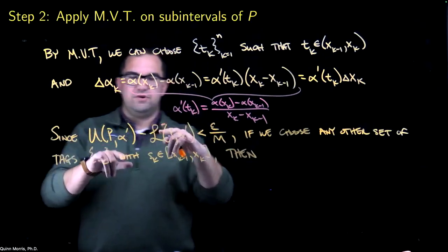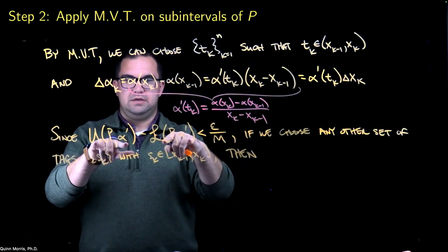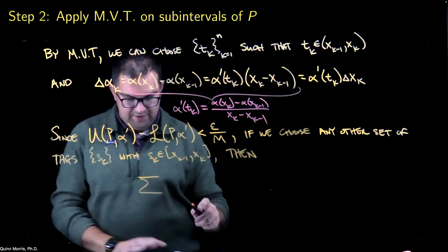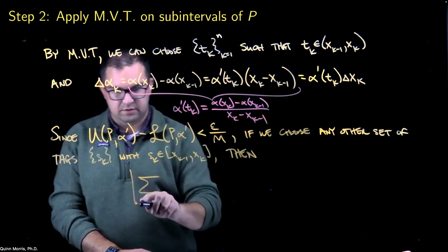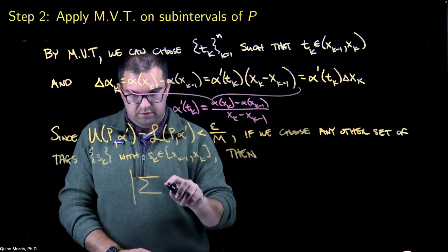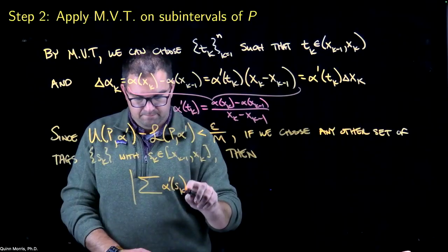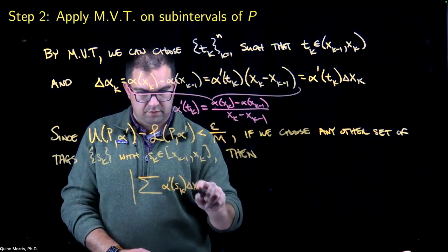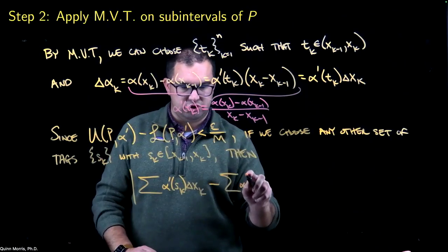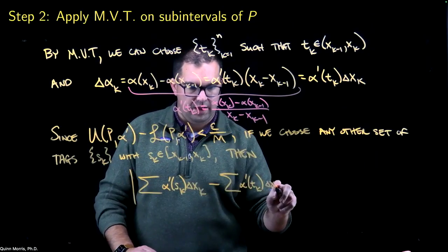And so if the difference between these is less than epsilon over m, then if I take a difference between the Riemann sums, these are really just two Riemann sums for alpha prime.